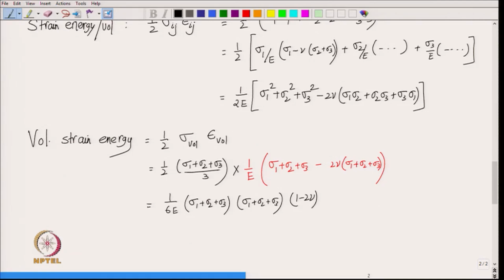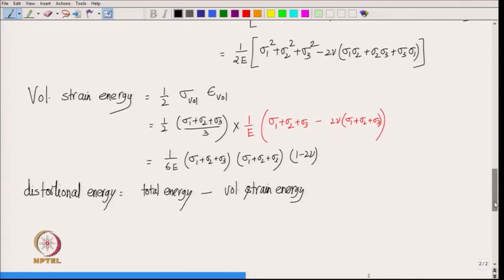Okay. So, that is the volumetric stored energy. So, the distortional energy is then total energy minus the volumetric strain energy. Okay. So, we simply have to subtract this equation 1 and equation 2.